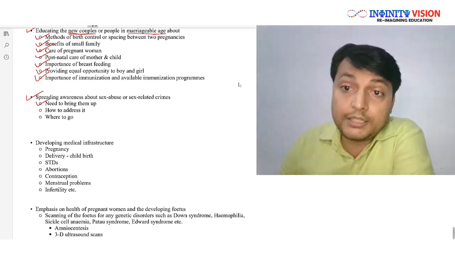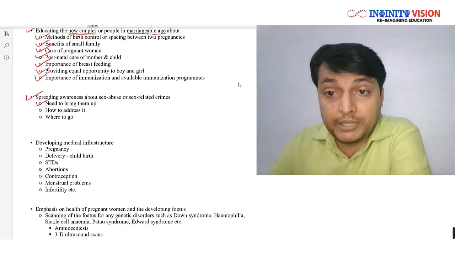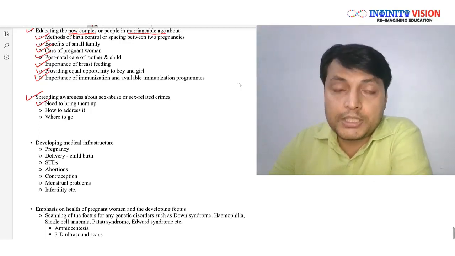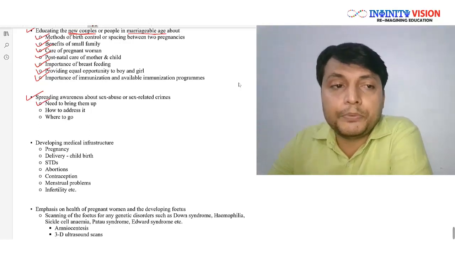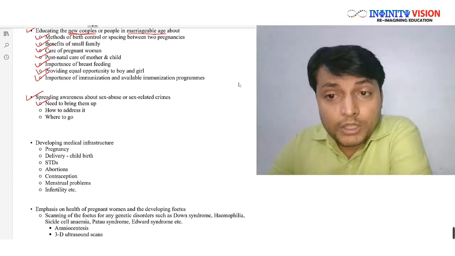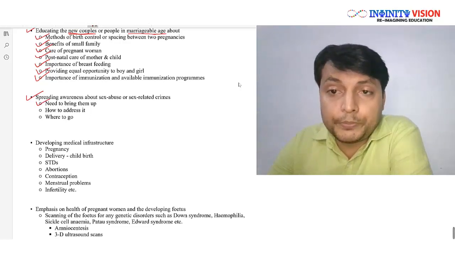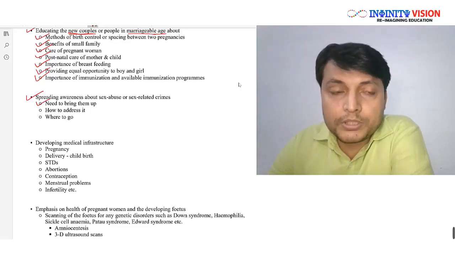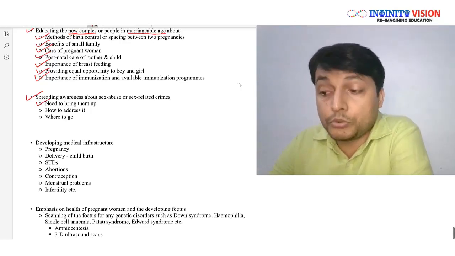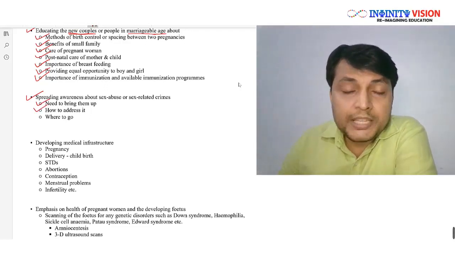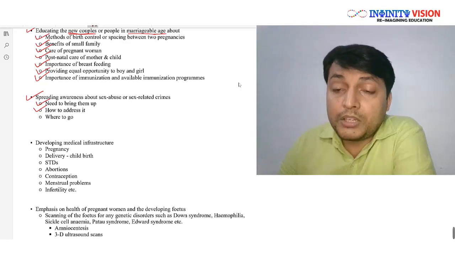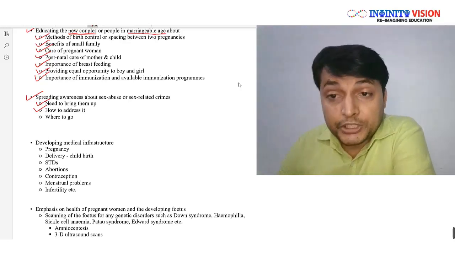ठीक है, ऐसा नहीं है कि sexual abuse is only for females. Even boys undergo sexual abuse. Okay, so they started educating such people to bring these cases of sexual abuse, to talk about them. Okay, also many children or many women undergo depression because of such things.